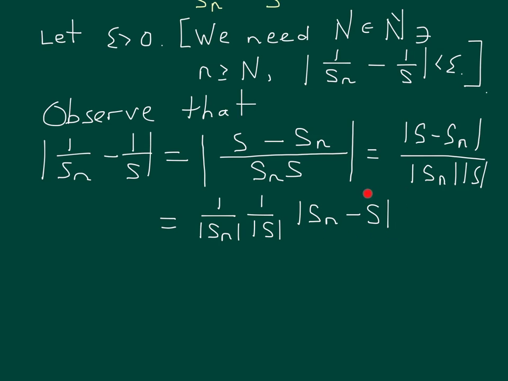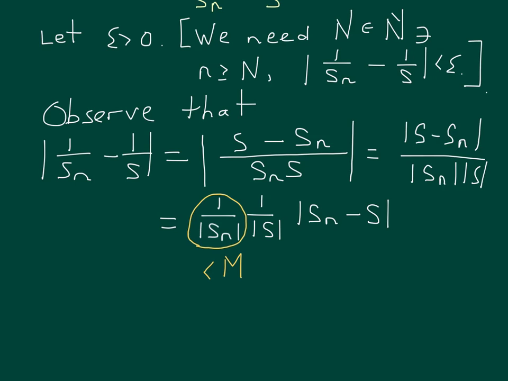We know that we can make this part small because S sub n is converging to S. 1 over the absolute value of S shouldn't be a problem, given that S is not 0, and so the absolute value of S is not 0. Our only concern might be this part here, because we might worry that as this is getting small, this is getting big. So what we hope is that we can make this less than m for large enough n. If we can do that, then we should be able to make this entire product small.